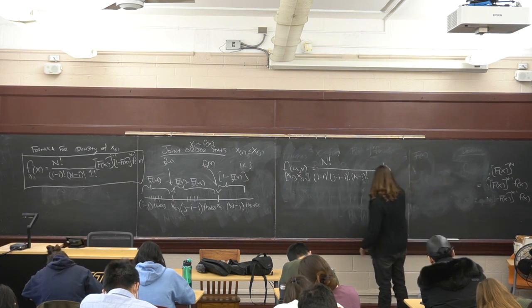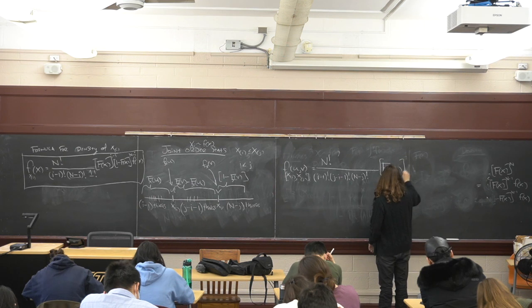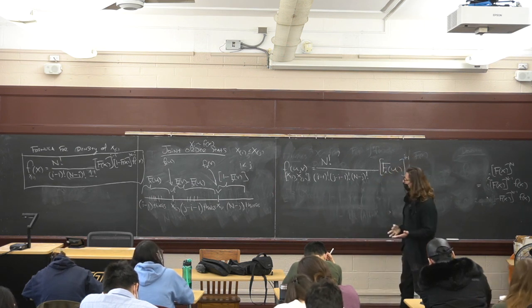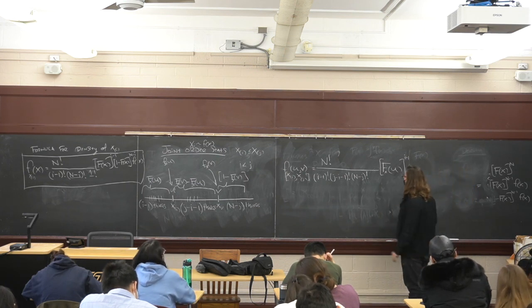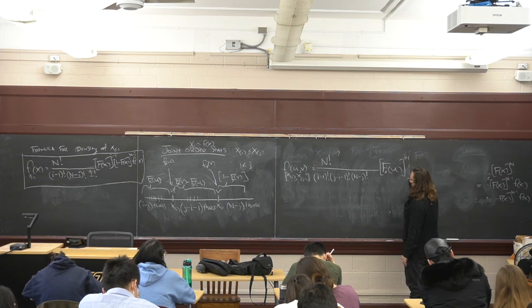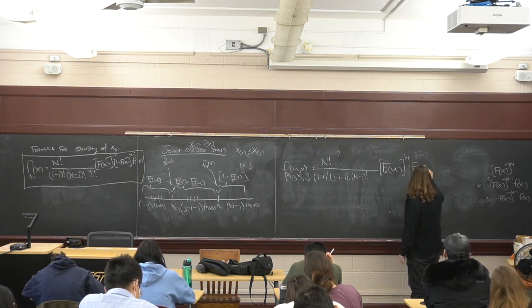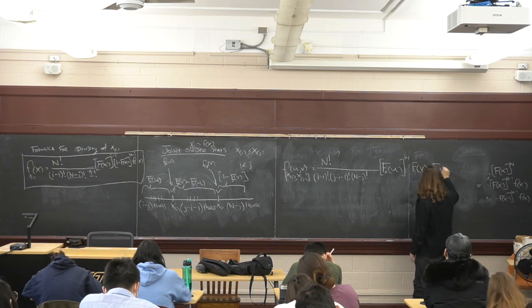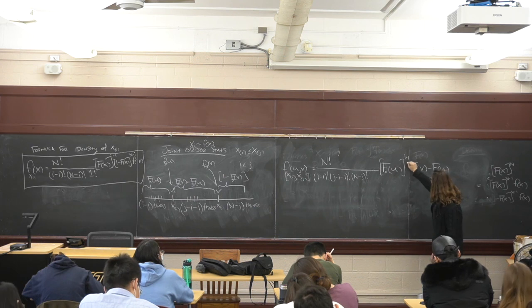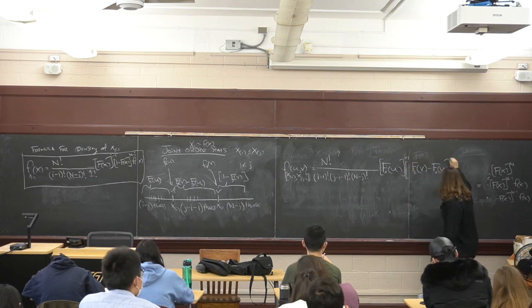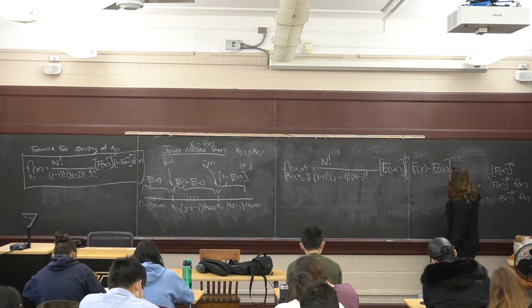Our probabilities are F of u to the i minus 1. Again, that's for random variable X. So we'll distinguish what the F's are on the board. I've got F of v minus F of u. Again, they're associated with the same random variable. This is raised to the j minus i minus 1.